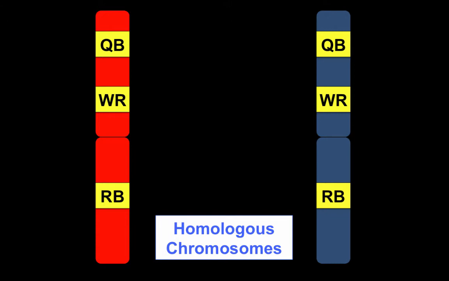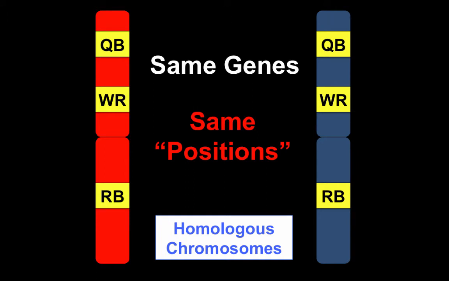The other way I like to look at this is with sports. So again, we have our homologous chromosomes. One's from mom, one's from dad. They have the same genes, which in this case means they have the same positions. So I want you to think about this as your mom gave you a team and your dad gave you a team. Both of those teams have the same positions because we're playing the same sport.